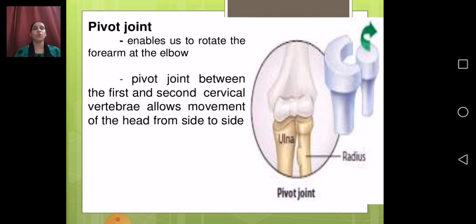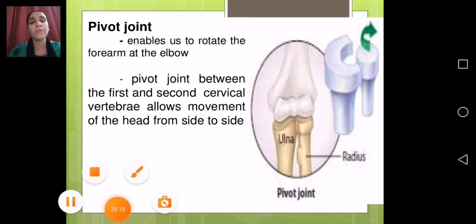So pivot joint is done, then the hinge joint, then the ball and socket joint. A ball and socket joint is a structure where one bone has a hollow structure and the other bone has a ball-like structure which fits inside it.